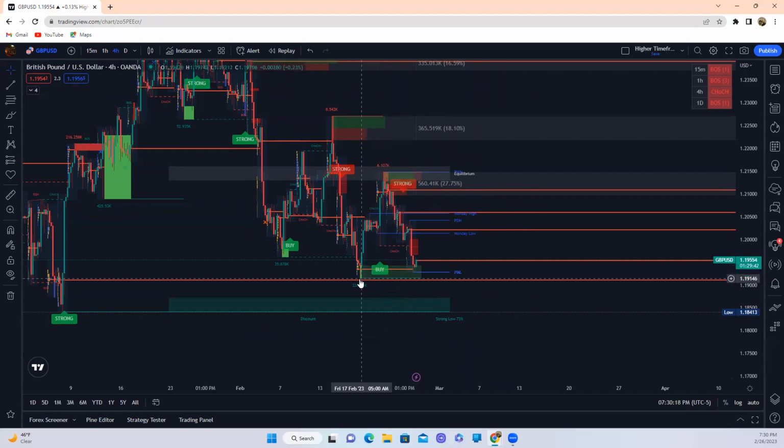What I ended up seeing when I used the volume profile to look at where the most likely area of reversal was going to happen, it was right down here. Last week, before this even happened, I was able to pinpoint that the reversal was going to happen here in this wick.